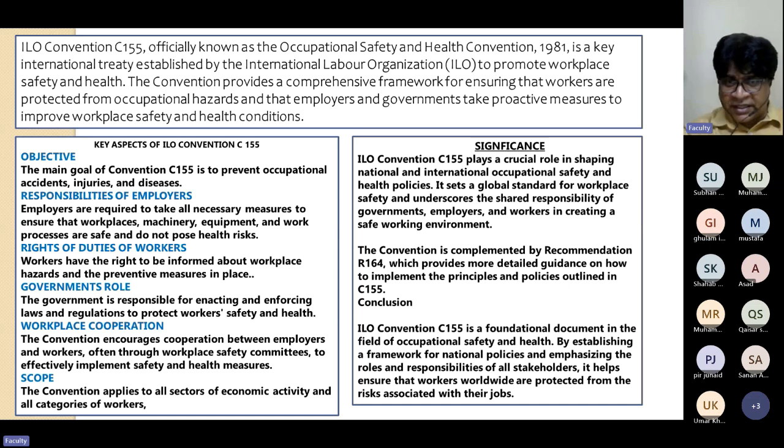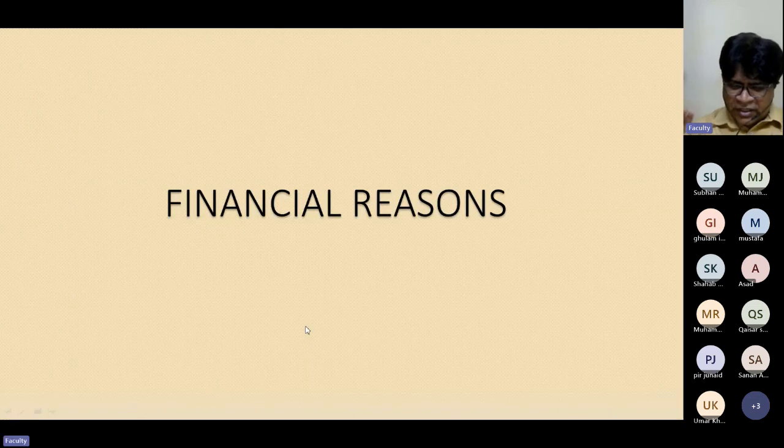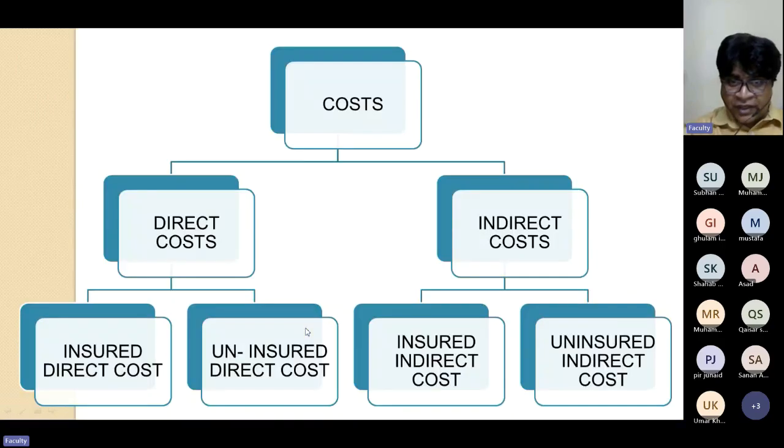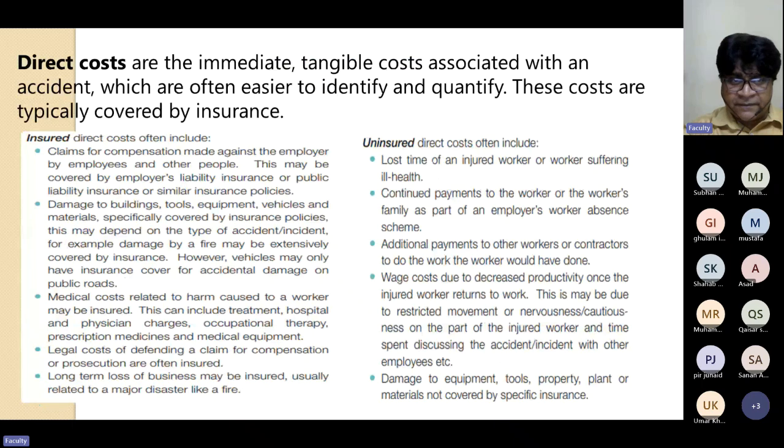Hope everybody is clear on that. Now, moral reasons we have completed. Now financial reasons. I said cost. Costs are of two types, direct cost and indirect cost. Under indirect cost we have uninsured and insured costs. Don't worry about that. Only remember direct cost and indirect cost. The last one is not required.